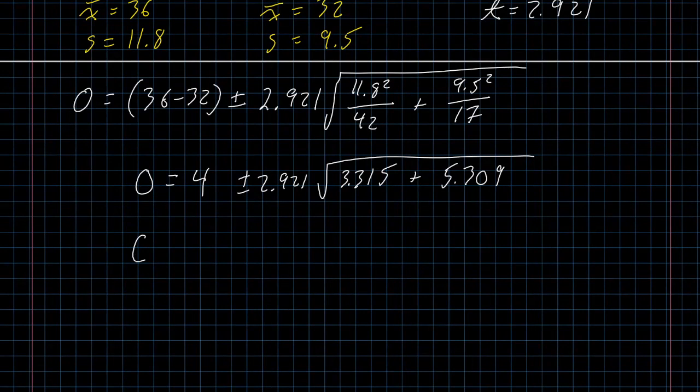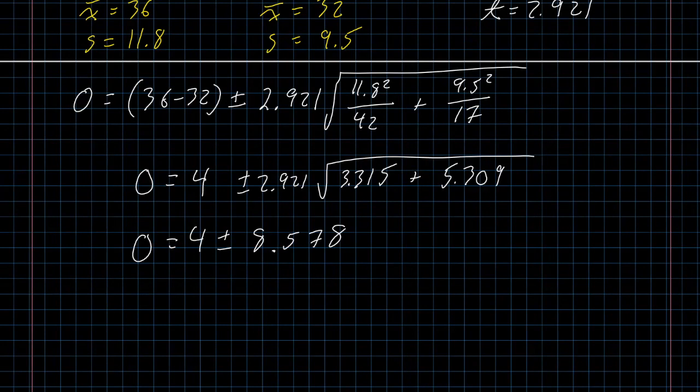Continuing onward, I can take 3.315 plus 5.309. I can take the square root of that value. I can multiply by 2.921, and all of that gives me 8.578.